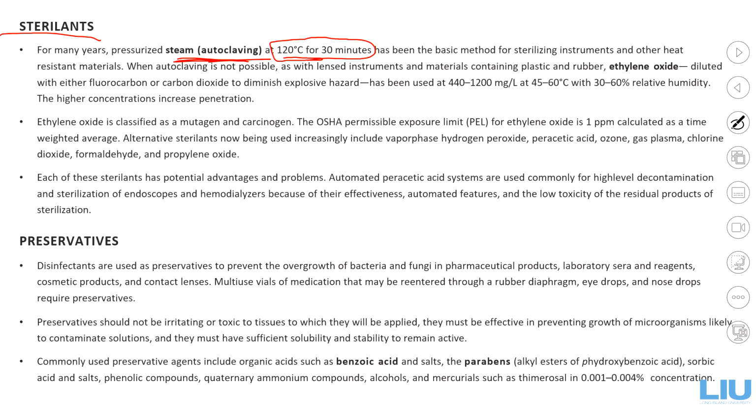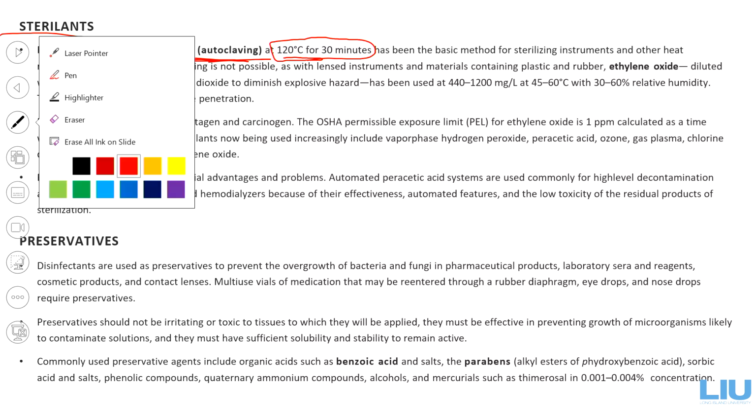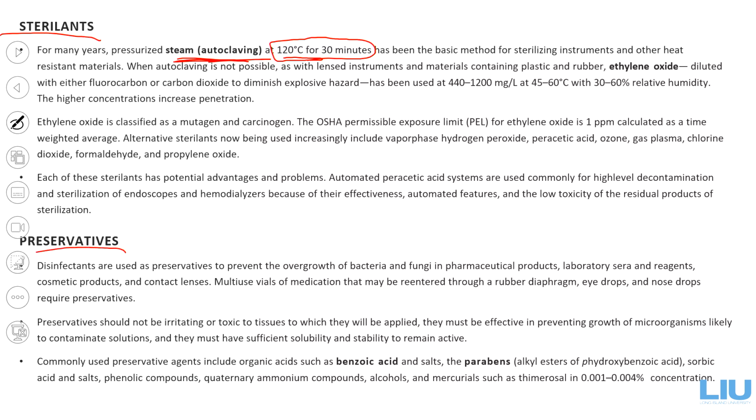And we also have preservatives such as benzoic acid or parabens. These are used in, for example, eye drops to protect the solution from bacterial infection. They are present in certain concentrations to protect these solutions without causing damage to the eye in this case.